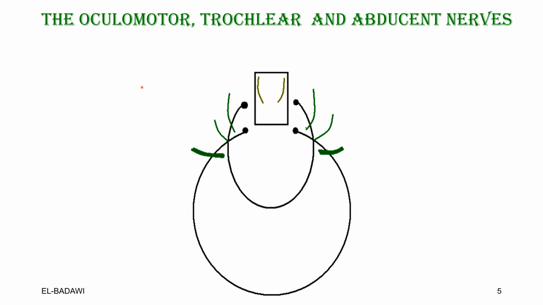Then the relation of the oculomotor, trochlear, and abducent nerves to the dura mater. You know, each cranial nerve has to pierce the pia, the arachnoid, and the dura at a definite situation in relation to the dura mater.